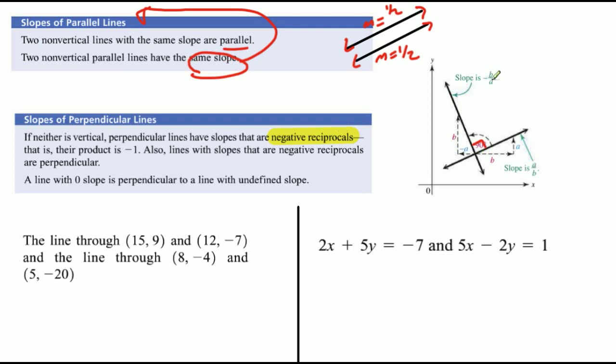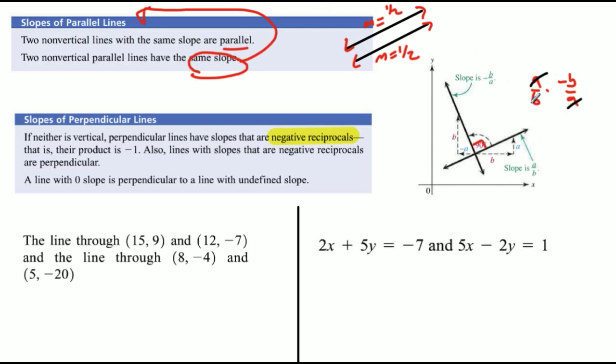So, for example, let's start with this guy. If this slope is a over b, then the negative reciprocal means you flip a over b and get b over a, and then you take the opposite of it, negative. All right? And if you were to multiply a over b times negative b over a, check out what happens.